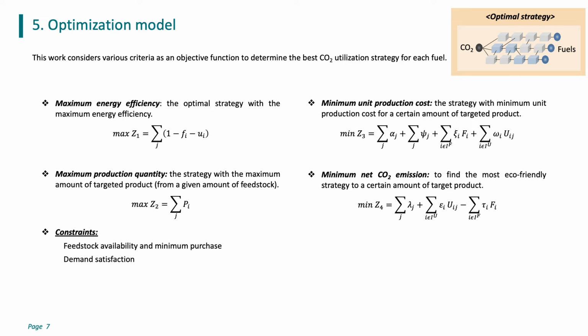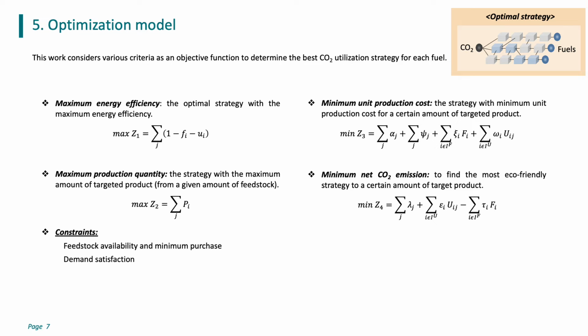This work considers various criteria as objective functions to determine the best CO2 utilization strategy for each fuel. Then we develop optimization for 4 different objective functions regarding energy efficiency, product quantities, product cost, and net CO2 emission.